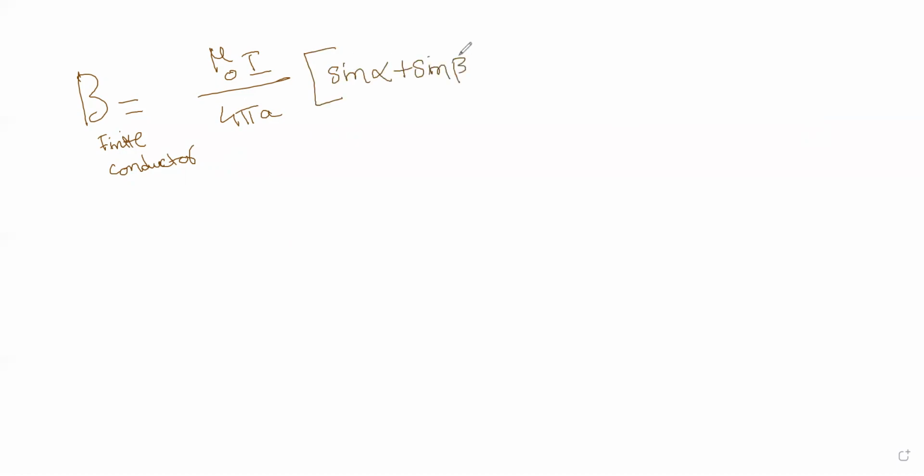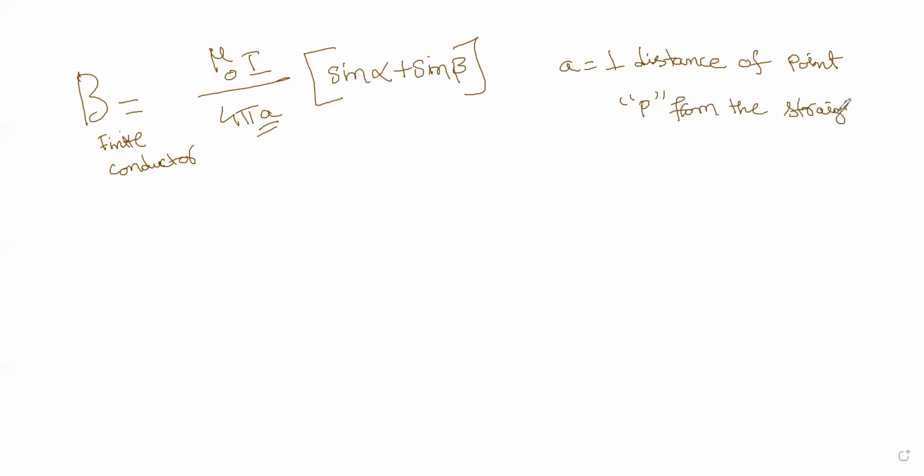I need not tell you what I is: I is the current passing through the conductor, and A is the perpendicular distance of the point P from the straight conductor. In fact, what we have taken is a straight conductor. You understood this one. This formula is for a straight conductor.